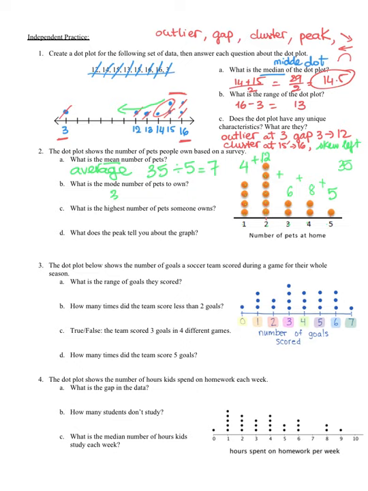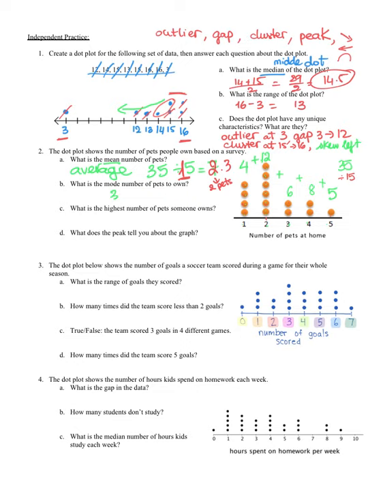So we have 15. So 35 divided by 15. I got 2.3. We can round this to 2 pets. The average person has 2 pets.